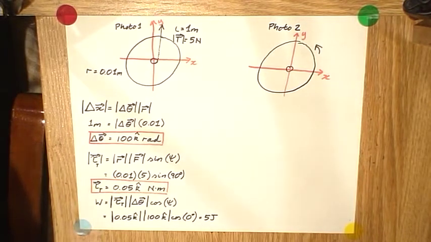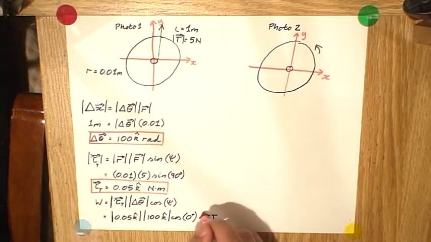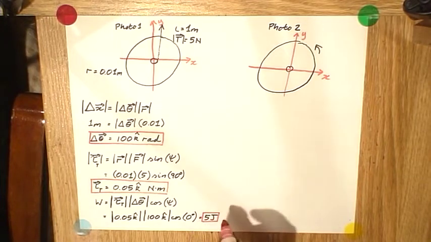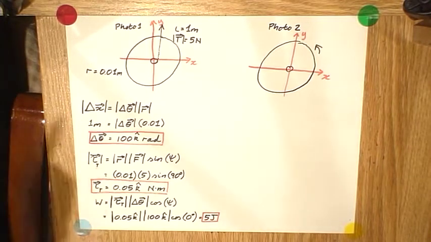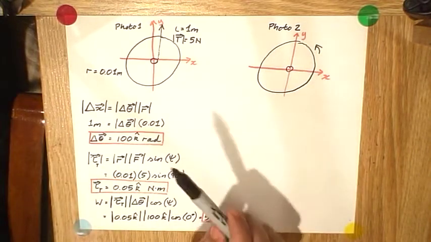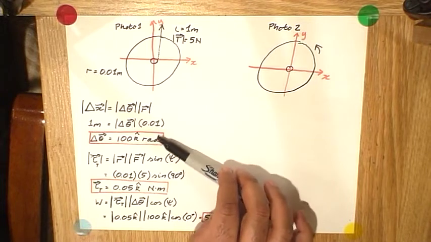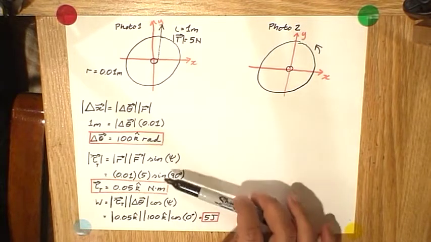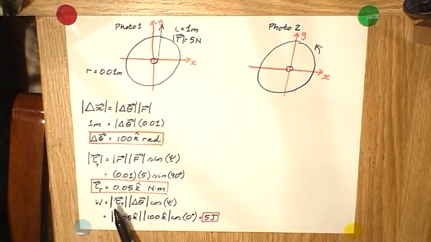That is the amount of work which has been done by the string as it causes an angular acceleration on the gyroscope. So we had to solve for the rotational displacement, the angular displacement. We solved for the torque, and then we used the formula for work to find out how much work was done. It was 5 joules.